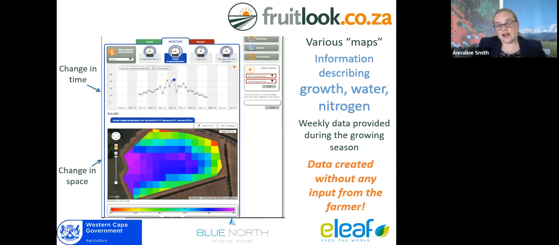If the dot is highlighted, that is the average value of all the values in that pixel map at the bottom. And like I said, that data is created on a weekly basis without any input from the farmer, so there is no way you can manipulate this data to make it look better for yourself. It is what it is.